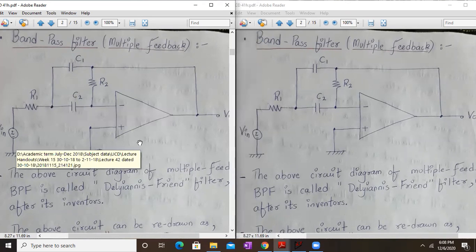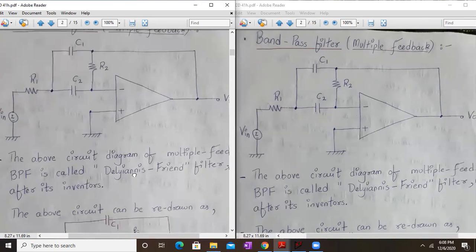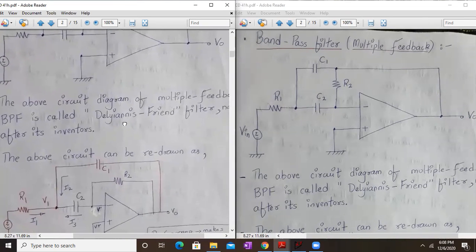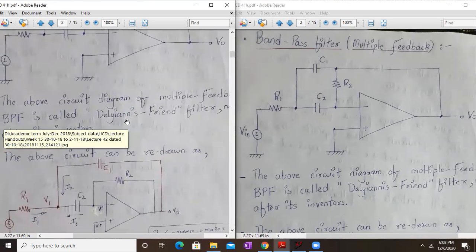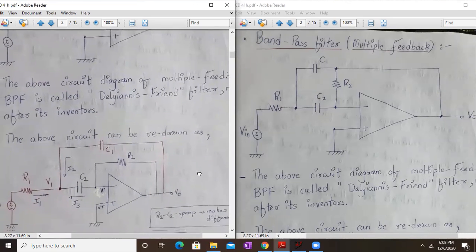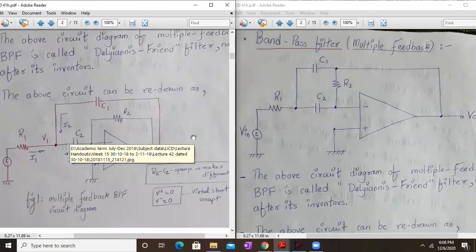The circuit you see here is a multiple feedback bandpass filter, and it is named after its inventor, the Delyiannis-Friend filter. It is also called that. The above circuit can be redrawn as shown here, where we have just tweaked the connections a little bit.